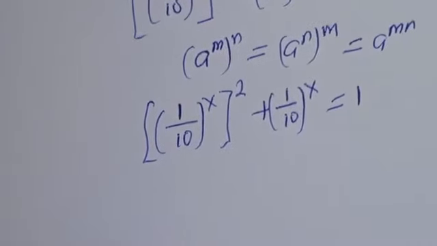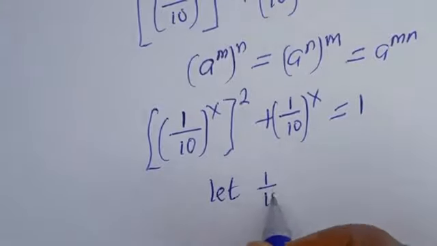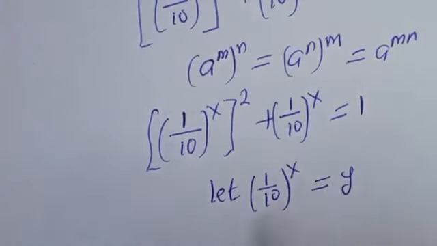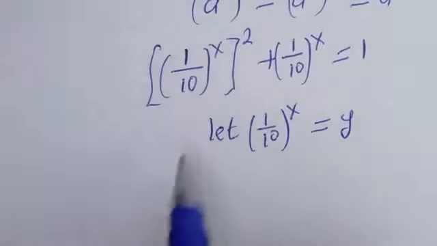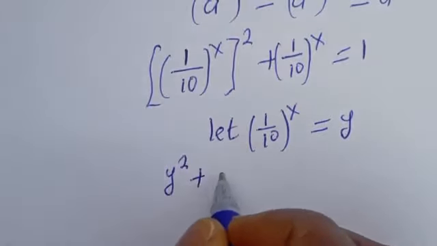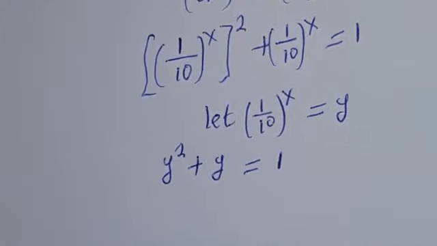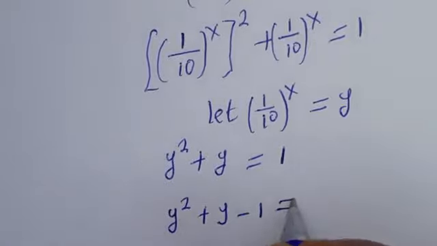Now from here, let 1 over 10 to the power of x be equal to y. Then if we substitute y here, we have y square plus y is equal to 1. This is y square plus y minus 1 is equal to 0.